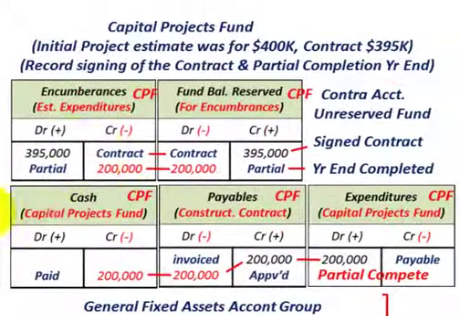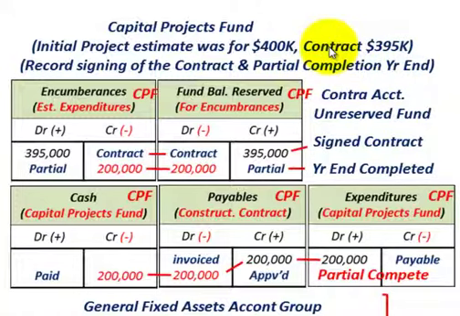Okay, so next let's move up here. Again, in our capital projects fund, we're going to look at recording the signing of the contract to build this building and also partial completion of the building at year end. So again, remember the initial project was estimated to cost $400,000, but now we signed a contract for $395,000.